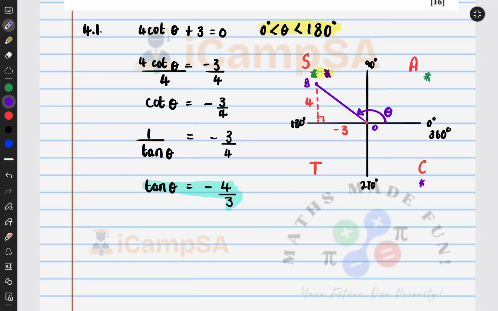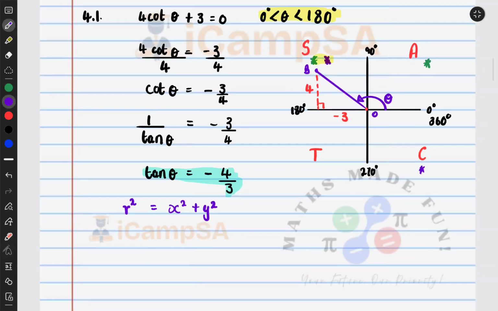OP is the hypotenuse, and we can use the Pythagoras theorem in order to determine the length of OP, say r squared.